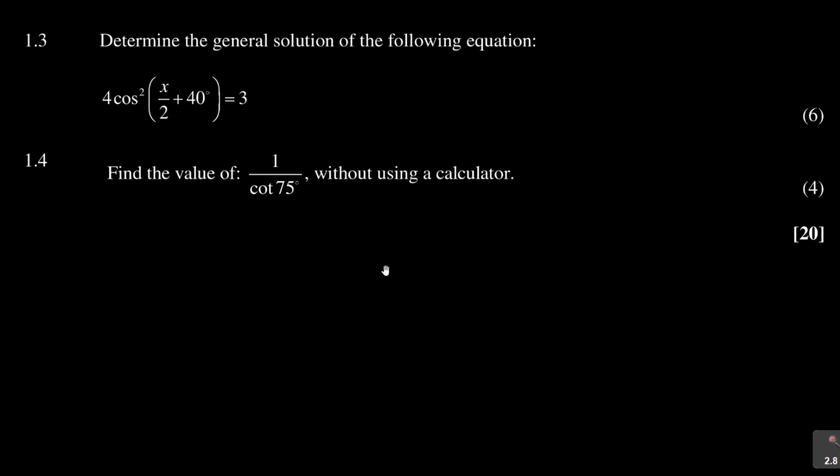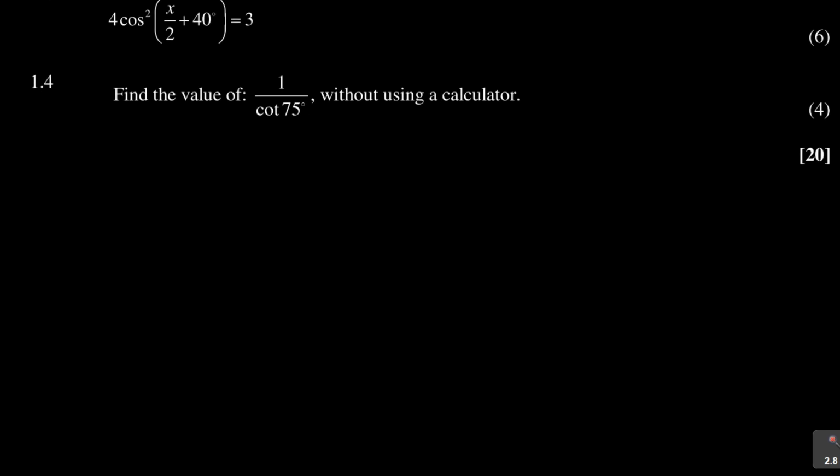So I'm just going to work it down here already. I need to find the value of that. If I'm given 1 over cot 75, they say without using a calculator.